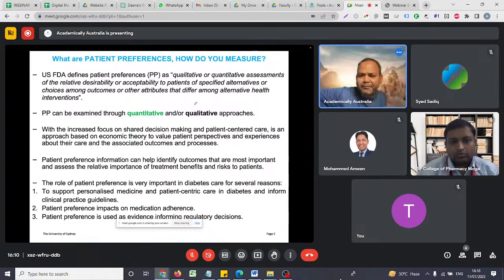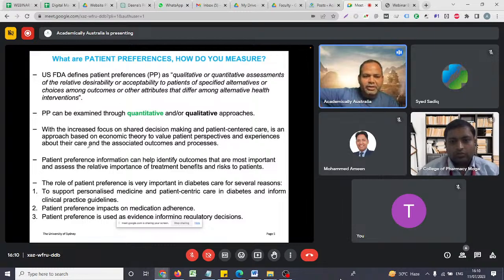Simply, we give two or three choices, or four or five choices, to a patient, and the patient will choose one out of them, and then we see why he chose this one and what factors affect his choice. There are factors, for example the cost, maybe the effectiveness, maybe the side effects of the medicine. There are so many factors we consider for the decision. So this can be measured quantitatively or qualitatively easily.